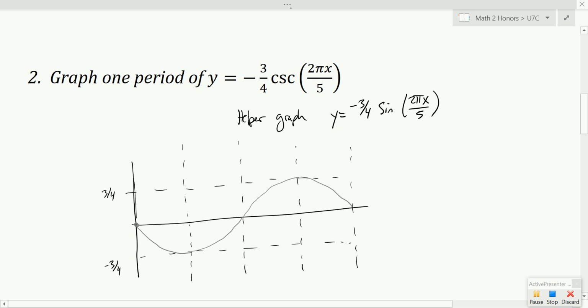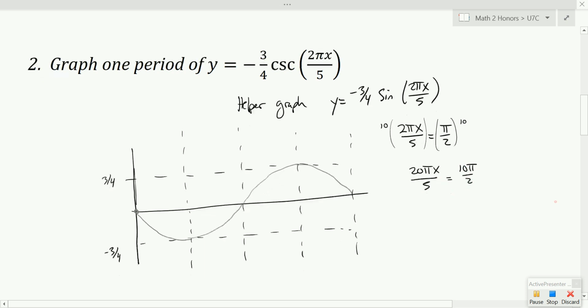And then working on the x-axis, I take my angle 2 pi x over 5 and set that equal to pi over 2. And then I'm going to multiply by a common denominator, which would be 10. So I'm multiplying both sides by 10, and I get 20 pi x over 5 is equal to 10 pi over 2. Only multiply the top part of that fraction.